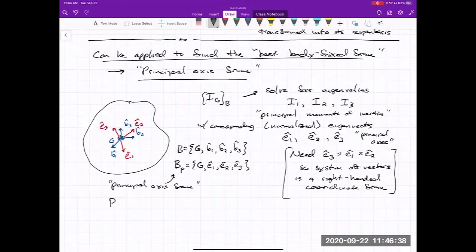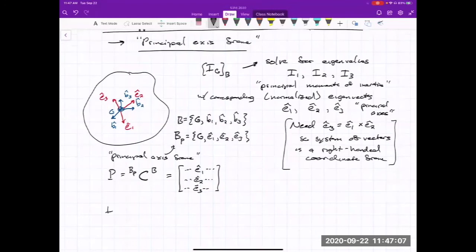Your transformation matrix, from the B frame to the BP frame, we write with E1 hat as a row vector, E2 hat as a row vector, and E3 hat as a row vector.